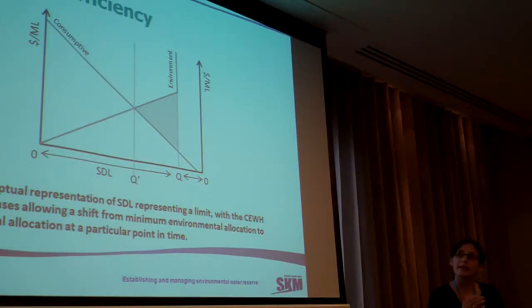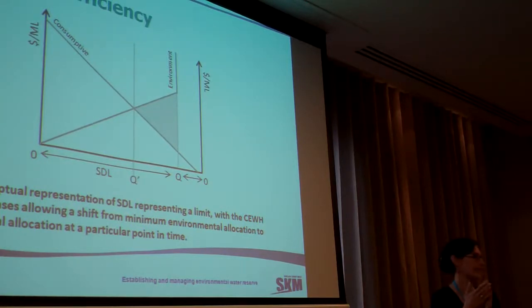So that then leads us to think about, well, when would you use the SDL and when would you use the buyback? What are they suited to? And if we think about the SDL actually being a limit, a sort of regulatory type limit, then what that actually represents is some point on the environmental demand curve where as a society we've said we're not willing to provide less under any circumstances.